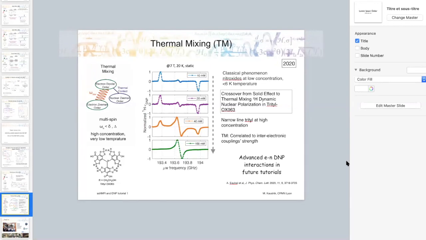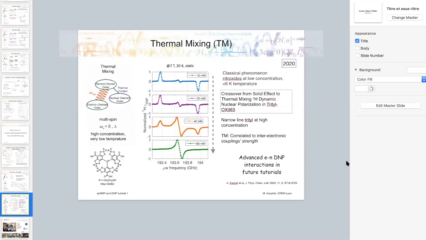Okay, I have Julia's question, so let me read it now. She's asking if there's a relation between thermal mixing and spin diffusion. Actually, no. So spin diffusion is when polarization starts at one source and it propagates through a network of spins.